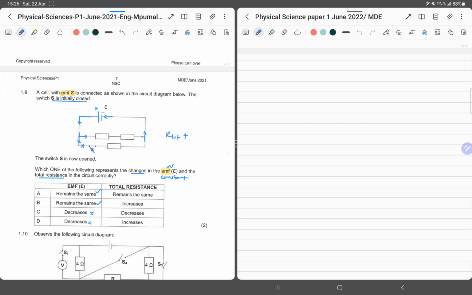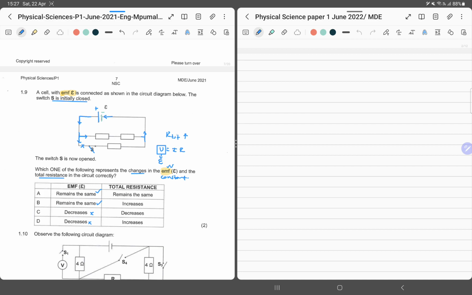Okay, now what is the relationship of resistance? We know that V equals IR. So if we keep V constant, because at this point we were not told anything about internal resistance, this V is effectively the EMF E. Okay, so that being constant, it means these two are inversely proportional.